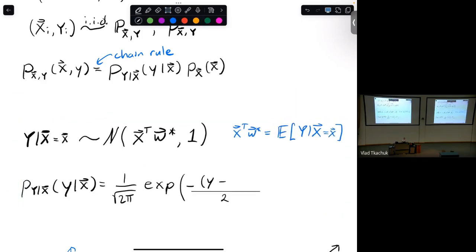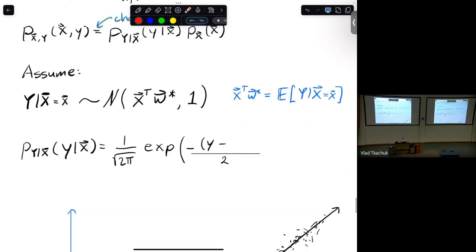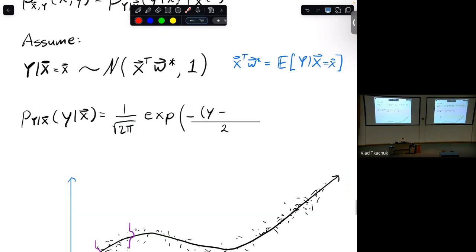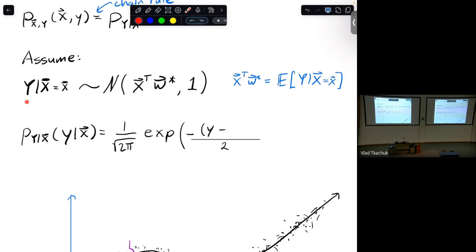So this is the assumption. So we're going to assume this. Of course, this is not always the case. But if your data was following this linear trend, and maybe the y values, if you have enough of them for a particular feature, really do follow this normal distribution, then this is sort of reasonable. Okay, and then what this says is that the PDF, this is just looking up the PDF of the normal distribution, is y minus the mean.